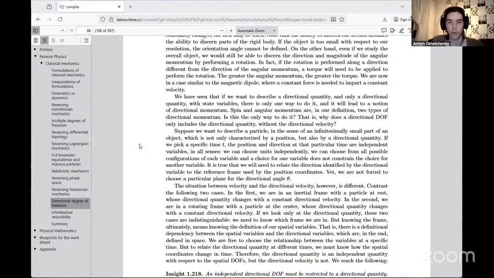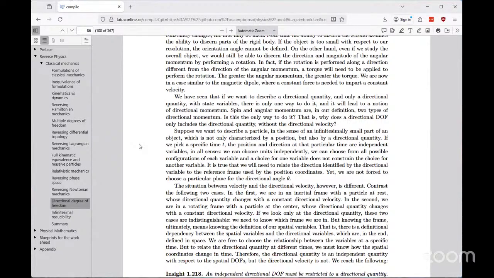We can choose from all possible configurations of each variable. And the choice for one variable does not constrain the choice of another variable. It is true that we need to relate the direction identified by the directional variable to the reference frame used by the position coordinates. Yet we are not forced to choose a particular plane for the directional angle theta.